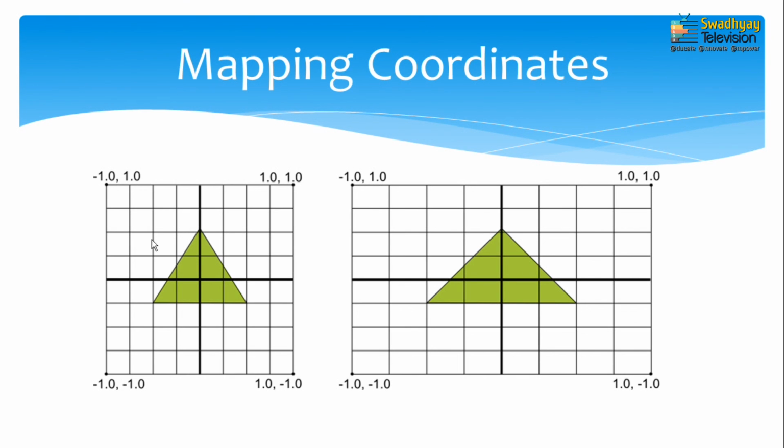Now, suppose this is your portrait screen, first is your portrait screen and second is your landscape screen. So, when you change the orientation, it will again consider this new screen as a perfect square and your shape appearance changes accordingly. So, this is how we can map coordinates onto the device screen.